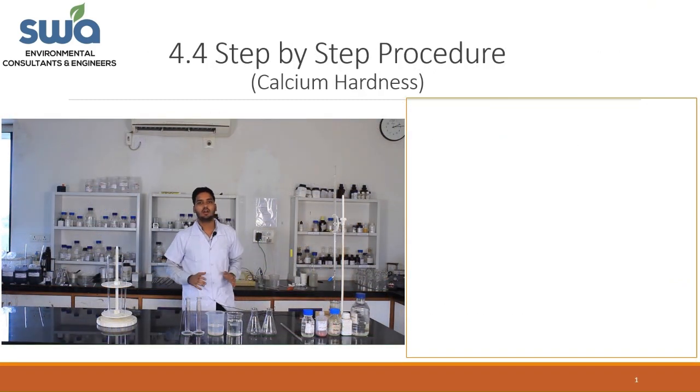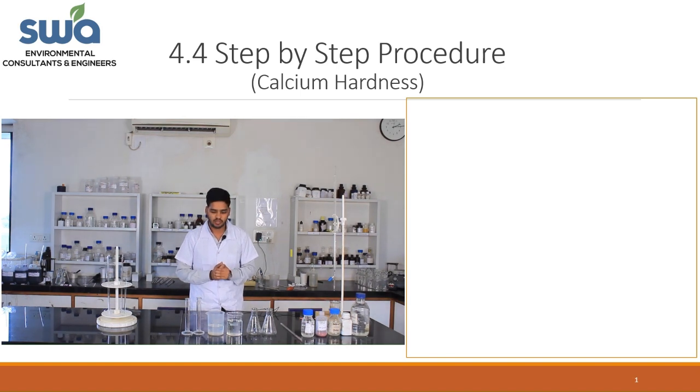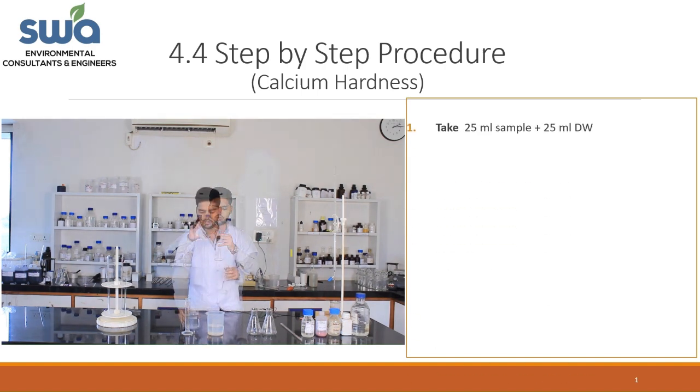So now we will see the step by step procedure for measuring calcium hardness in the water sample. So again we will take the same sample, borewell water, measure 25 ml of borewell water, add 25 ml of distilled water and make it up to 50 ml.